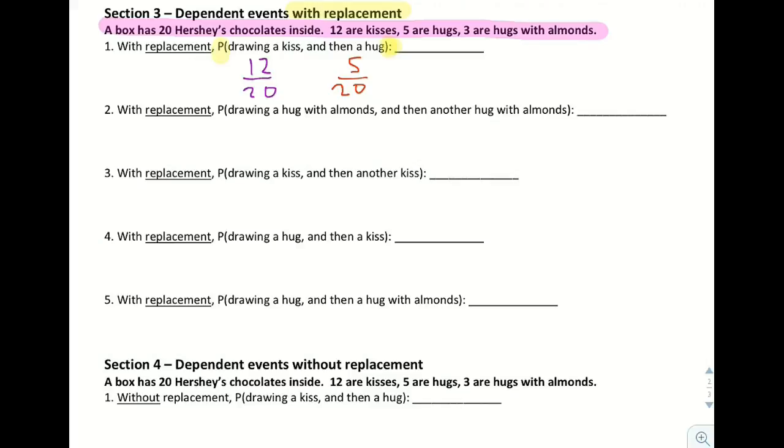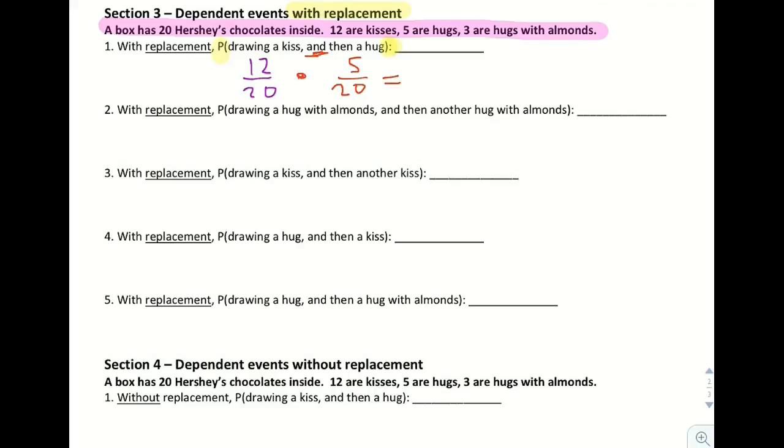And whenever we see "and," the word and, when we're dealing with probability, we're talking about this and this happening, we're talking about multiplication. So instead of the previous sections where we were just multiplying numbers, now we're going to be multiplying fractions. So there's a few ways you can do this. You could reduce each fraction and then multiply. You could multiply straight across the top, straight across the bottom to get numbers, or you could just simply use your calculator.